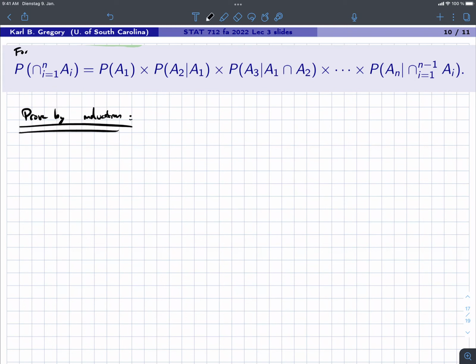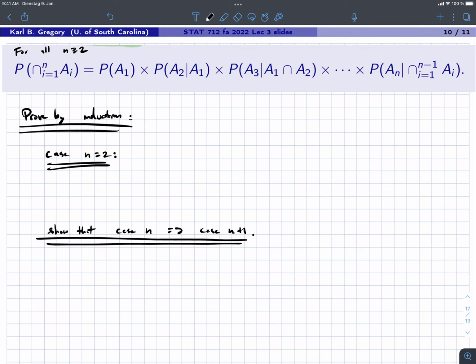So the claim is that for all n greater than or equal to 2, this is true. So we're going to first look at the n equals 2 case, and that's our first step. And then we're going to need to show that case n implies case n plus 1. And that's how proof by induction works.